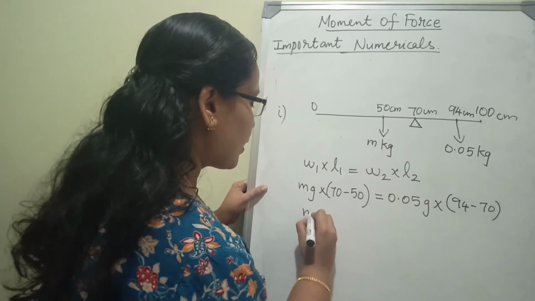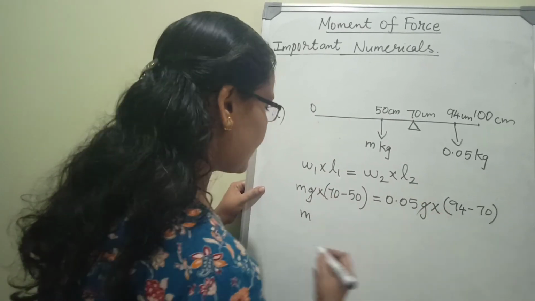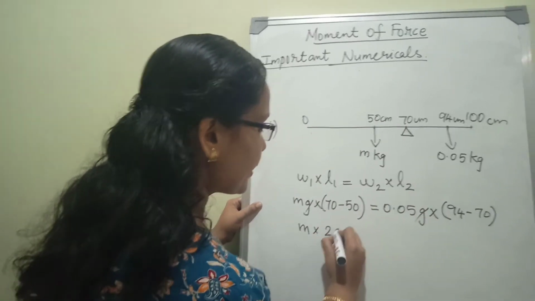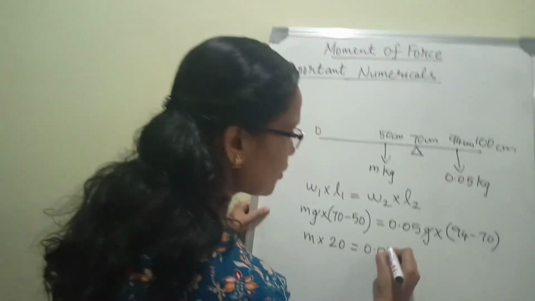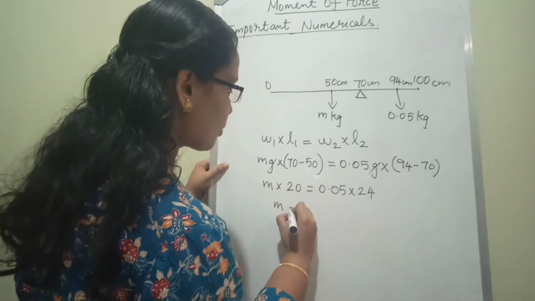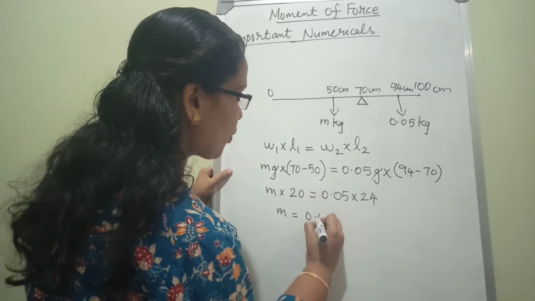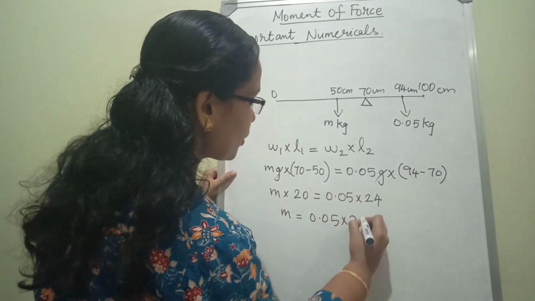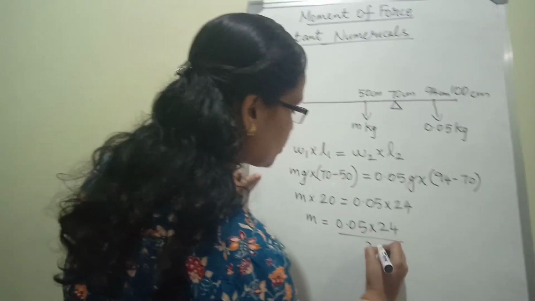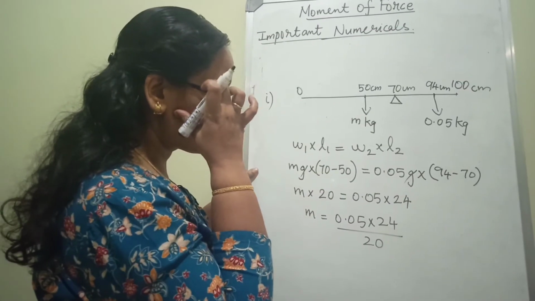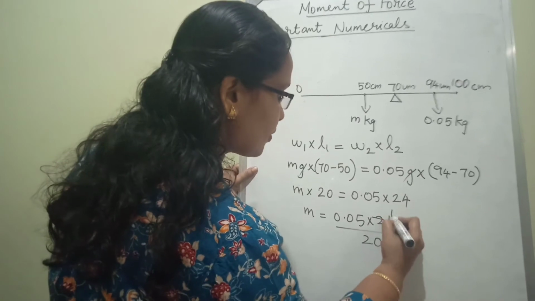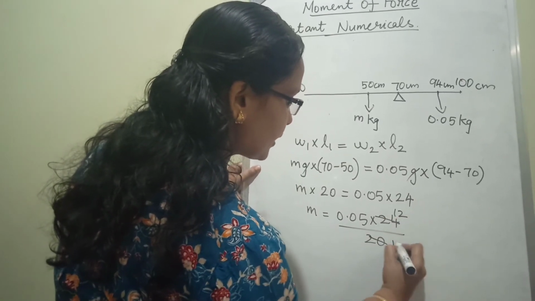So m, g and g we can cancel here itself. M into 20 is equal to 0.05 into 24. So m is equal to 0.05 into 24 by 20. We can cancel it, we will get 12 and 10.